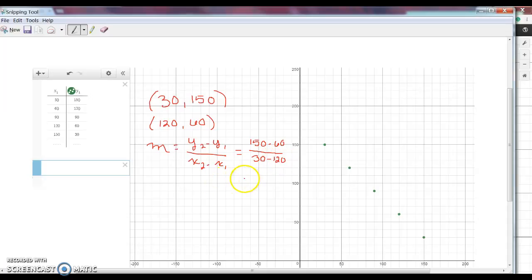Now we're going to want to do some simplification. You are certainly welcome to use a calculator, mental math, or scratch paper. But we do want to figure out what 150 minus 60 is. After some quick calculations, that is 90.